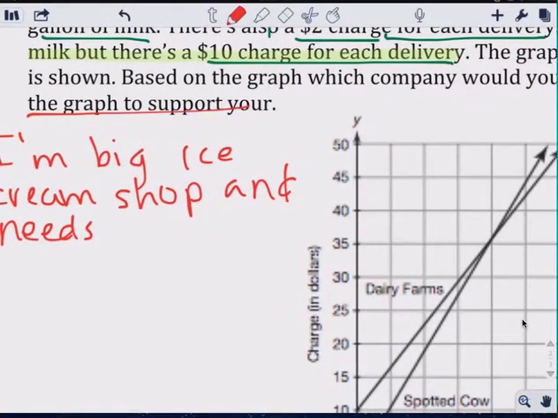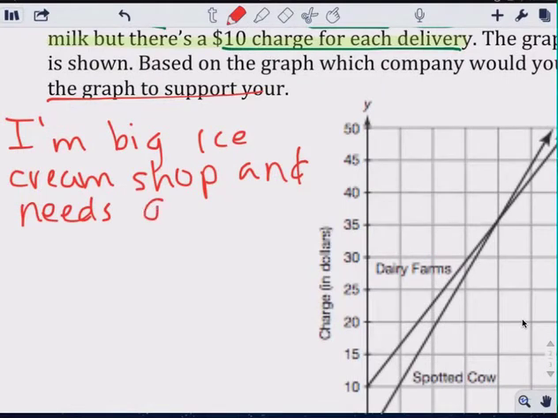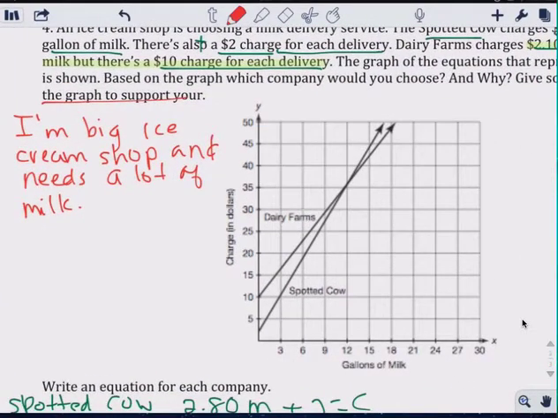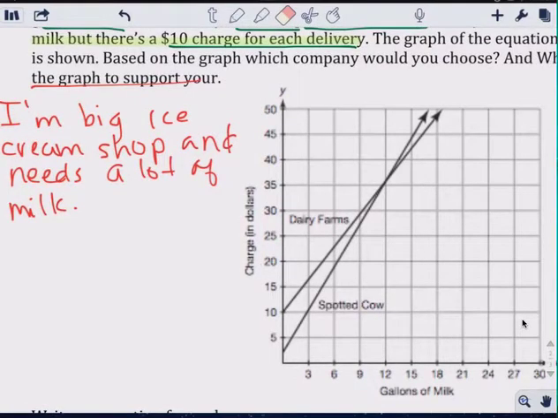And needs a lot of milk. Therefore, instead of a lot, let's use the graph, because they want, don't use the word a lot, let's just use the graph.